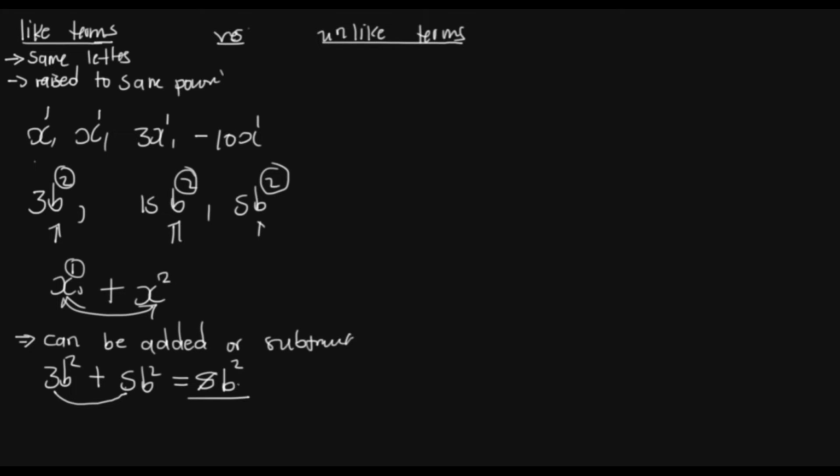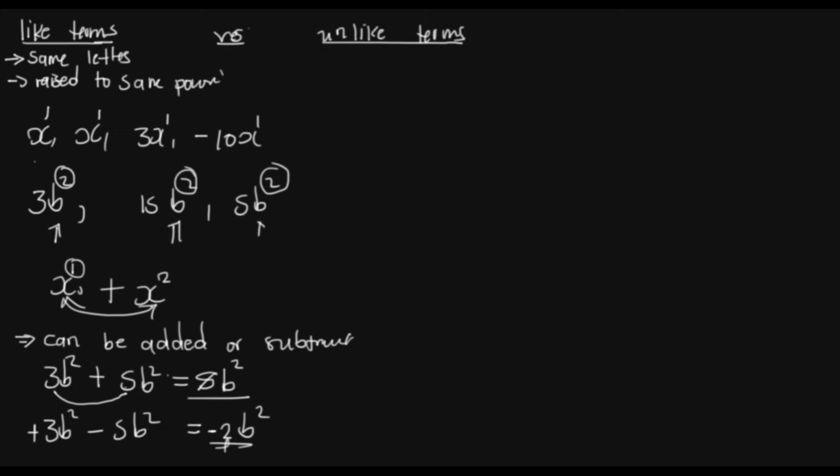So after adding like terms, remember that the power of the variable does not change. Then in terms of subtracting, if we have 3b squared minus 5b squared, we have different signs and we are expecting to subtract. So 5 minus 3 is 2, and our 2 will be negative since the bigger number has a negative sign, so it will be negative 2b squared. So like terms can be added or subtracted.